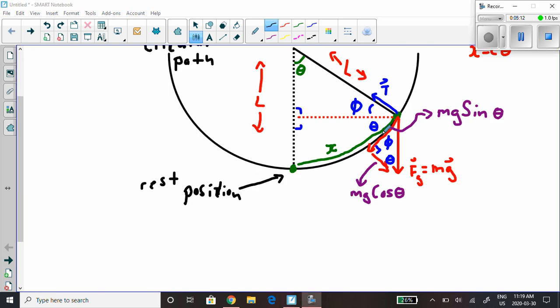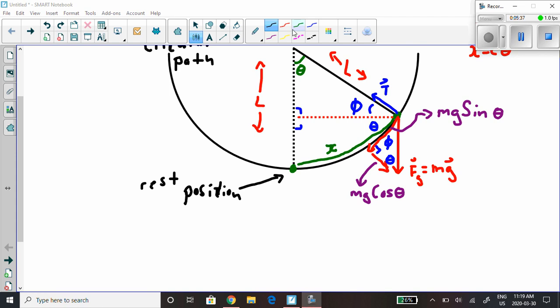Now, this portion of the force of gravity vector is what pulls the mass along the arc length. This component of the gravity vector right here is what works against tension and keeps the string tight.